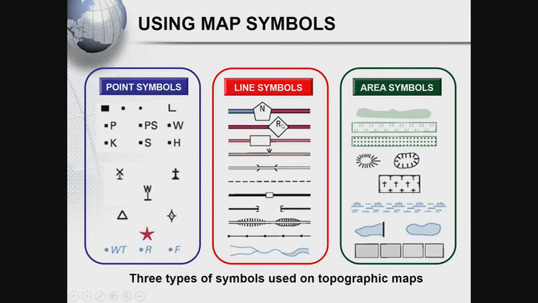Then we get line symbols. The line symbols will be our roads, national roads, etc., railway lines, power lines, rivers. Any symbol that is linear in shape would be a line symbol. A contour line could also be included here.